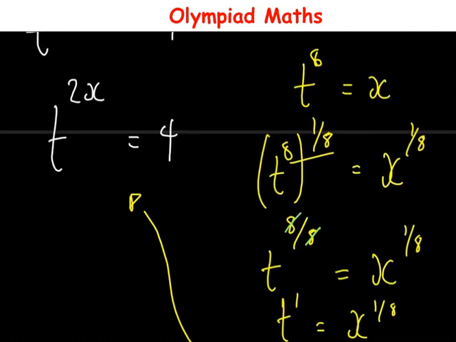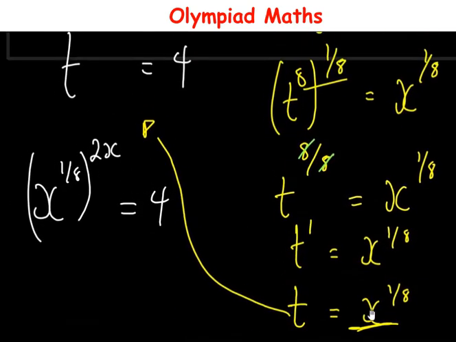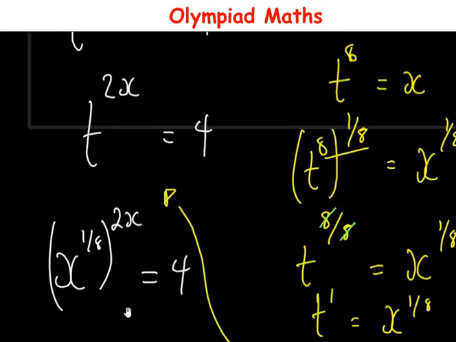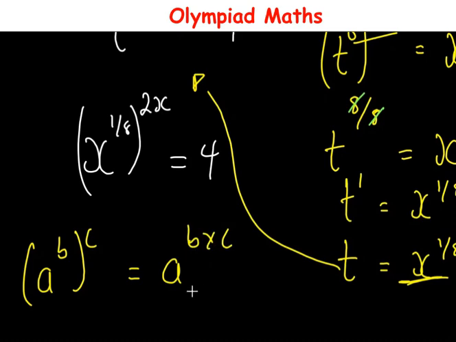So we got the value of t to equal x raised to power 1 over 8. Then we have raised to power 2x, all is equal to 4, by inputting the value of t as x raised to power 1 over 8 into this equation. So from here, applying this rule of indices, that if you have in brackets a raised to power b all raised to power c, this equals a raised to power b times c.